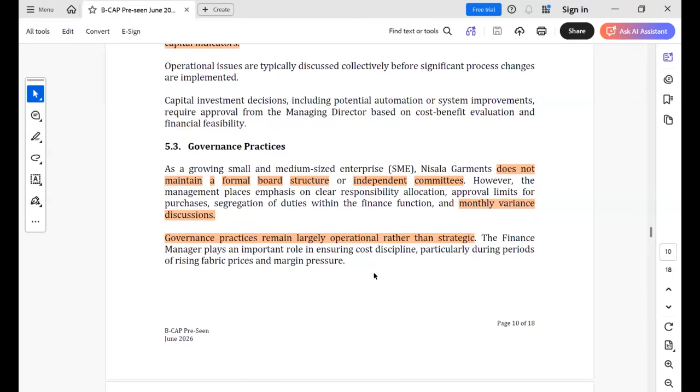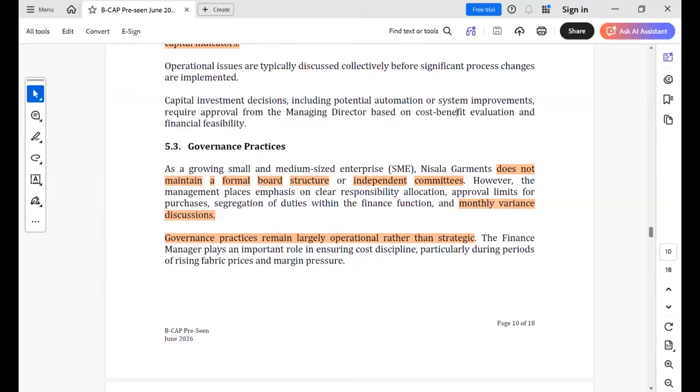There must be a formal board and the delegation of duties, right? Proper reporting system, right? Proper information system, right? So these are the key things which determine the sustainability of the business. Therefore, there must be good governance practices also, right?